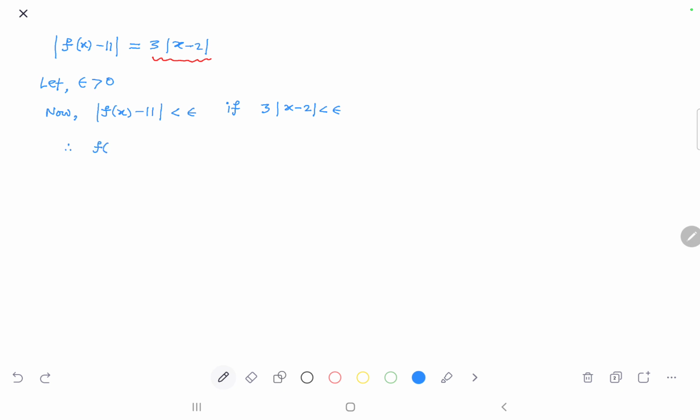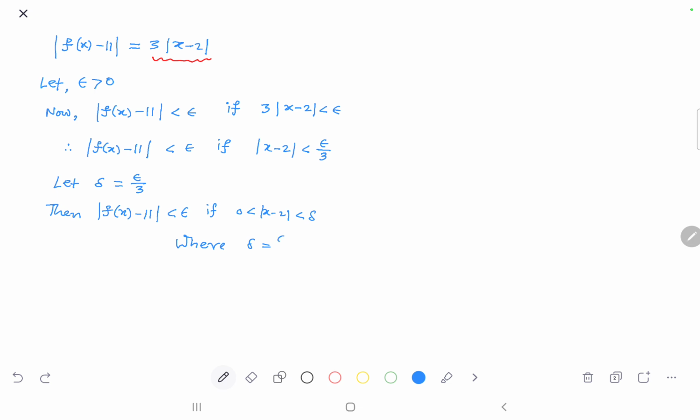So now what do we get? We get the absolute value of f(x) minus 11 less than epsilon if the absolute value of x minus 2 is less than epsilon divided by 3. So let delta greater than 0. Sorry, let delta equal to epsilon by 3. So then what are we getting? The absolute value of f(x) minus 11 is less than epsilon if 0 is less than the absolute value of x minus 2 less than delta, where you write delta equal to epsilon by 3.